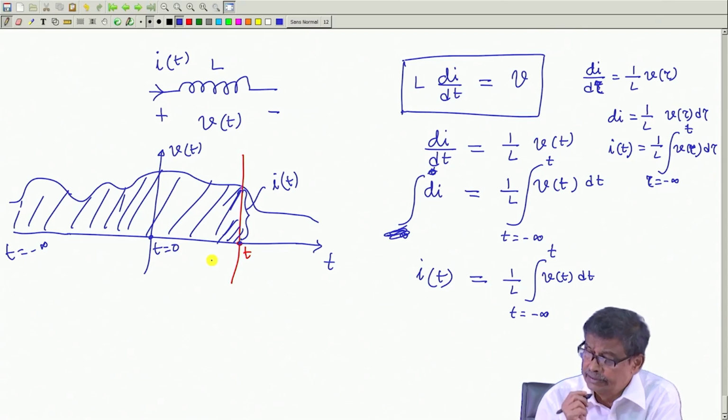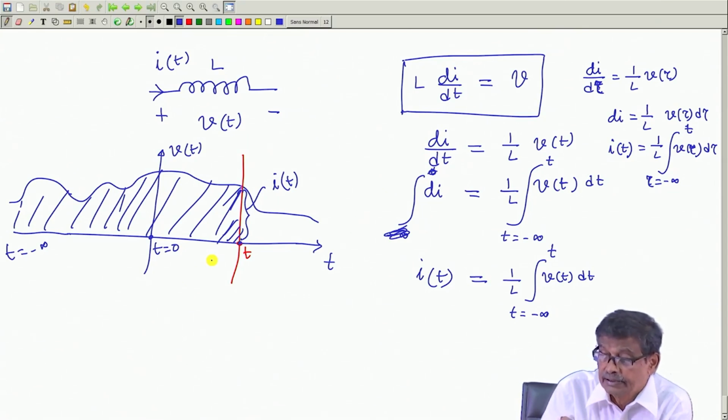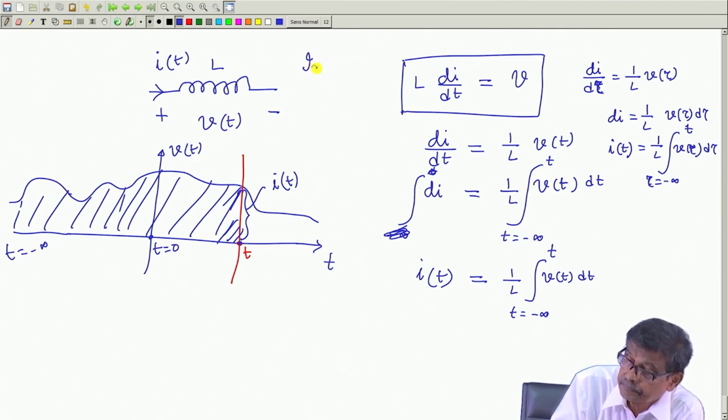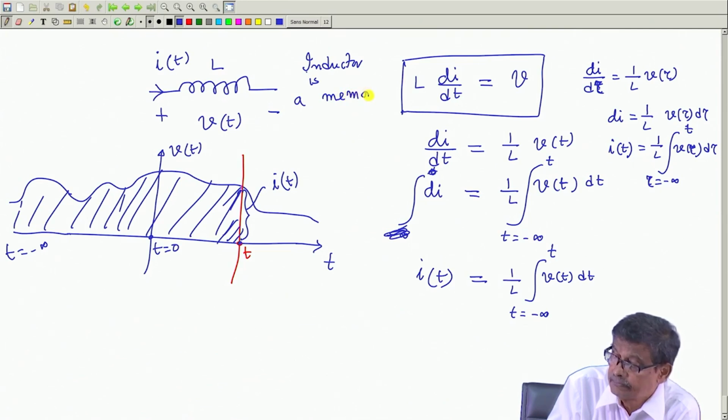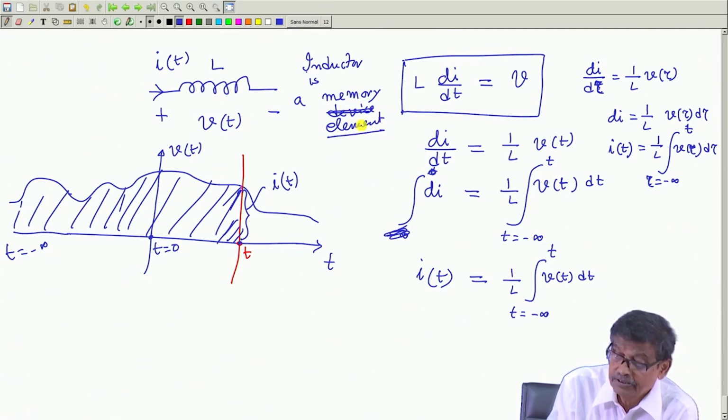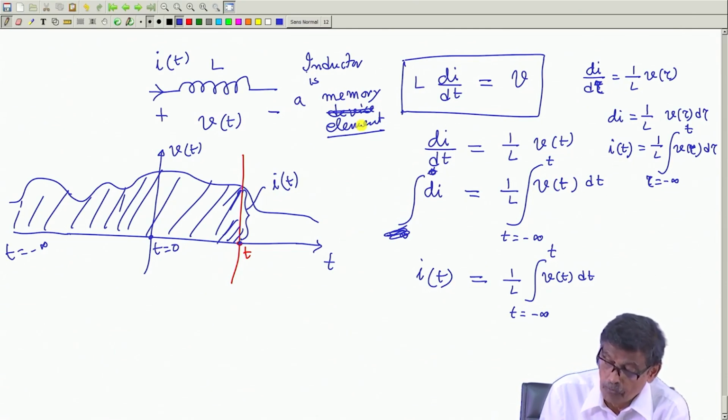Therefore, correctly, the inductor is a memory element, a sort of memory device. Why? Because the inductor will react at time t, deciding how much current it will allow to pass through.